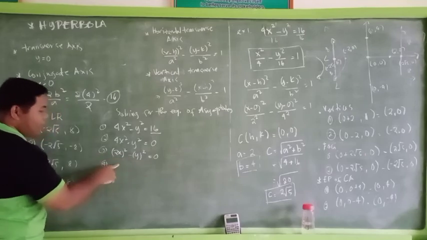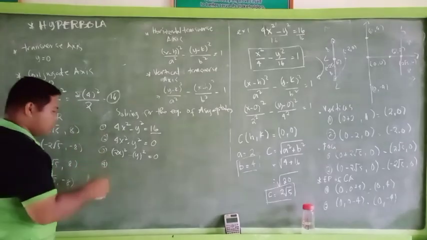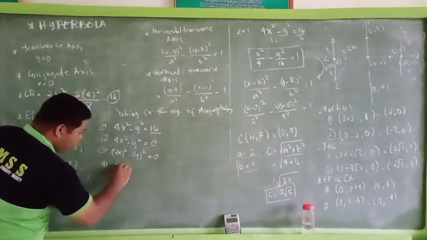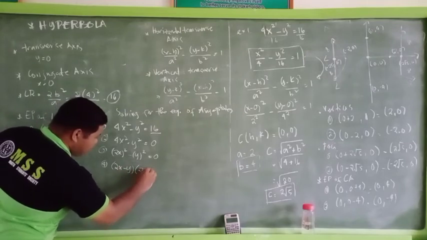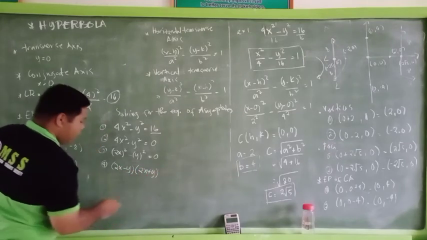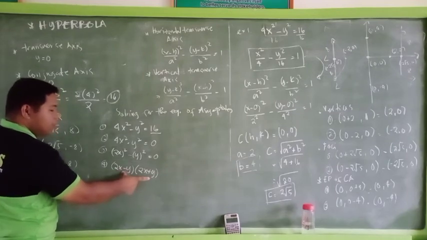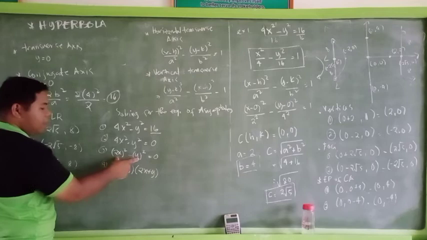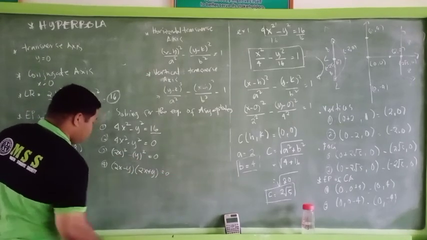So, step 4 naman natin dito is kunin ko yung sum and difference of 2 terms. So, meron ako dito 2x minus y, tapos, factor niya 2x plus y. You can see, meron tayo dito sum and difference ng 2 terms, which is siya yung factor ng difference of 2 squares is equals to 0.